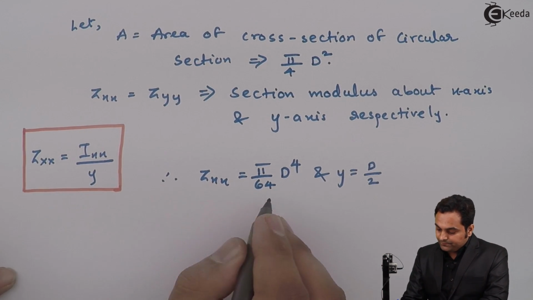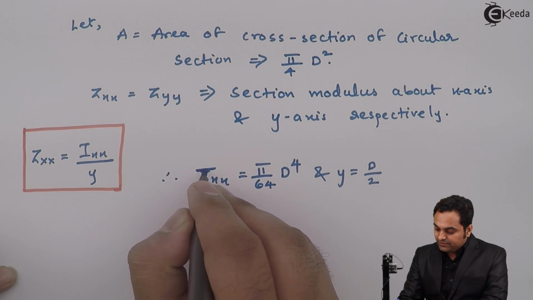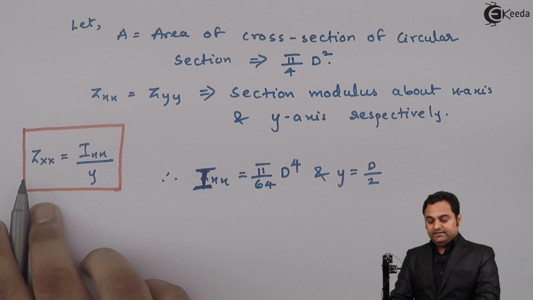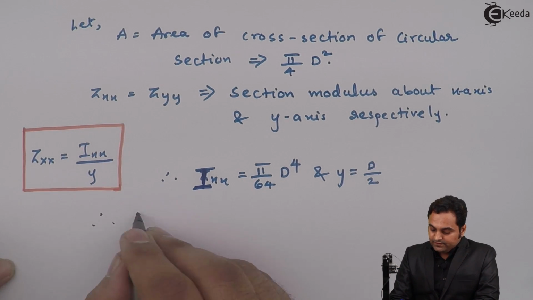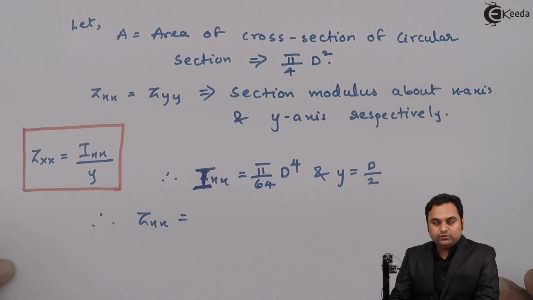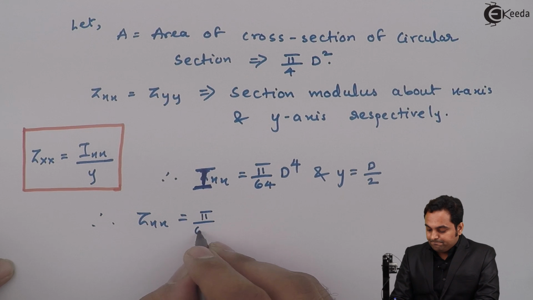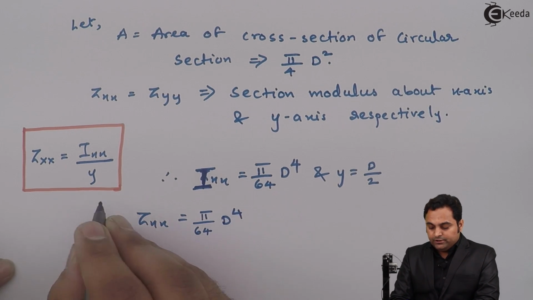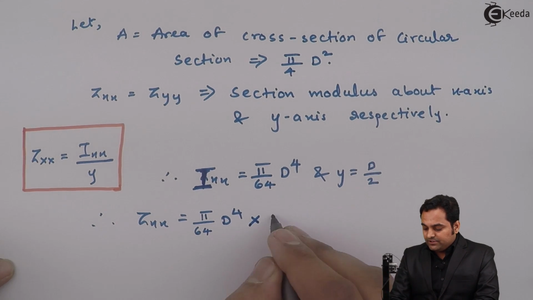So therefore here this I have written, actually it is Ixx, the moment of inertia denoted by I. Zxx is the section modulus. So putting the values here, therefore Zxx will be equal to Ixx, pi by 64 D raised to 4 divided by y. So if I write multiplication, this will become reciprocal.